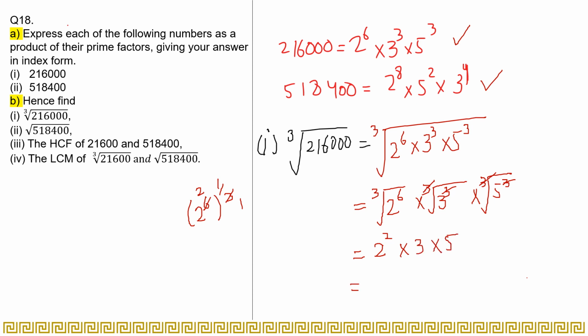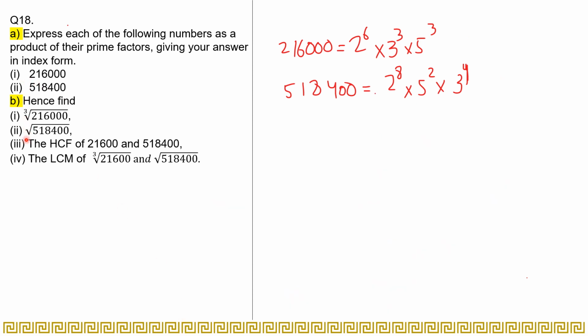Now 2 to the power 2 gives you 4 multiplied by 3 multiplied by 5, and now see 4 3 is 12 multiplied by 5, and this will give you 60, right? So that means the cube root of 216000 is equal to 60, right? That's how you solve it. You just have to remember the value of the cube root is 1 by 3.